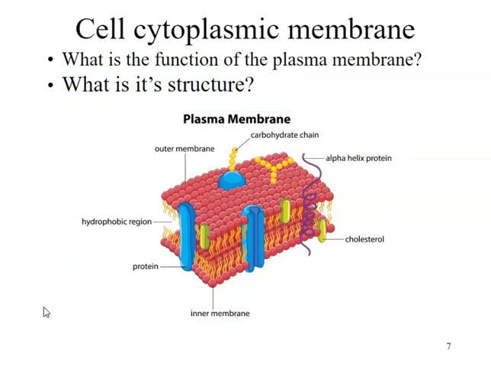Ultimately, the function of a plasma membrane or a cell membrane is to serve as a selectively permeable, did you get those words? Selectively permeable barrier that bounds the cell. That's like the major function of a cell's cytoplasmic membrane.